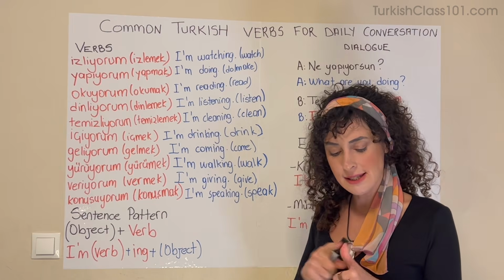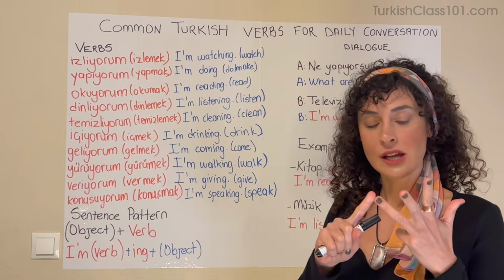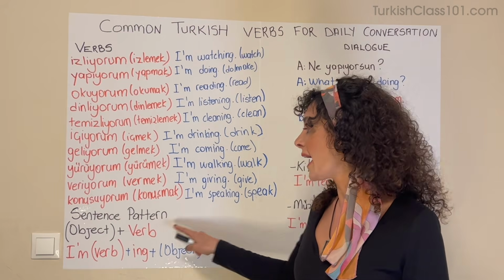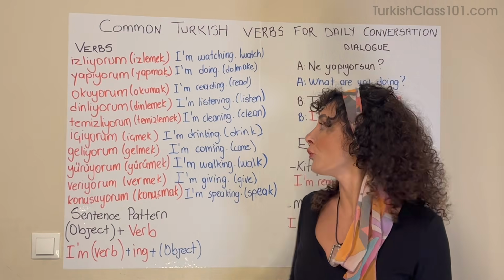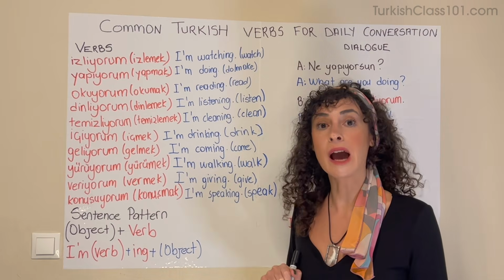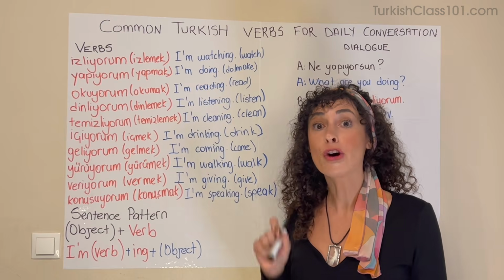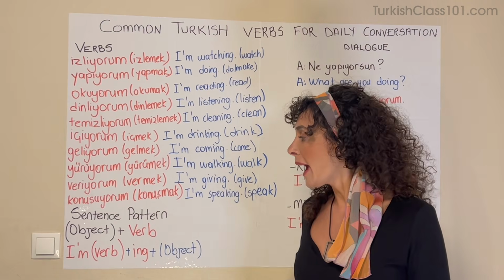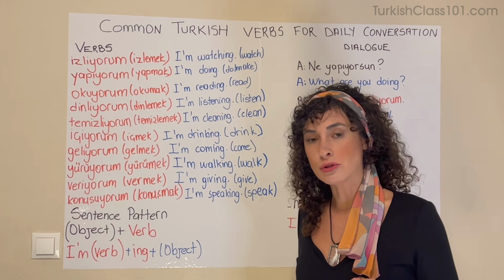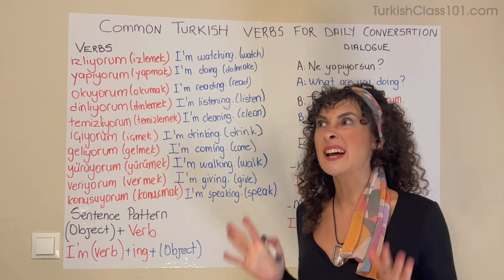The tenses, the negatives, the questions, the pronouns, we add to the verb. And as I explained before, we have to take out the mak and the mek part from the dictionary form of the verb.